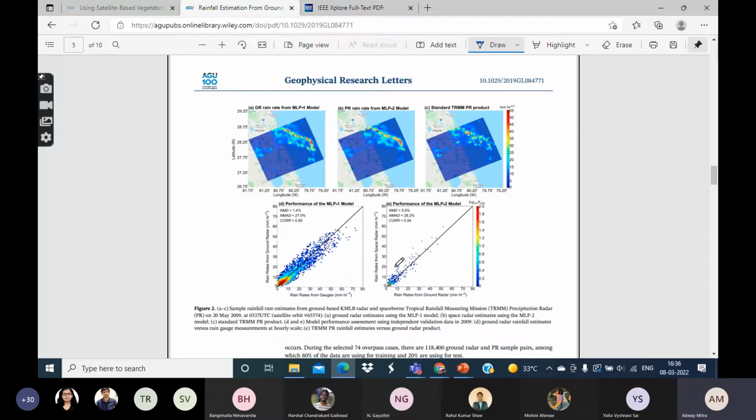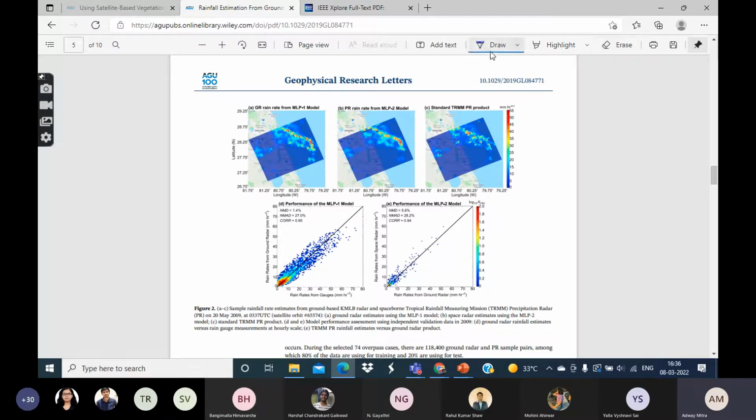And then here we see a similar measurement of the performance of the MLP2 model. Along the x-axis we have the rain rates as obtained from the ground radars, and along the y-axis we have the rain rates obtained from the spaceborne radar, the TRMM radar. And so once again we see an almost near perfect correlation, which means that we have been able to do the predictions quite properly.